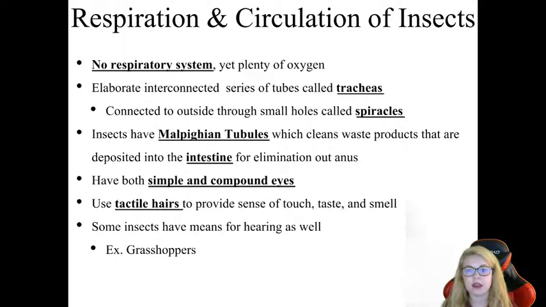And so some of the insects have really tough bodies, and therefore they need these tactile hairs to kind of give them a sense of their surroundings. So they use that mostly for sensory. And a small subsection of class Insecta have the ability to hear as well, an example being the grasshopper, but not all insects have the capability of hearing.